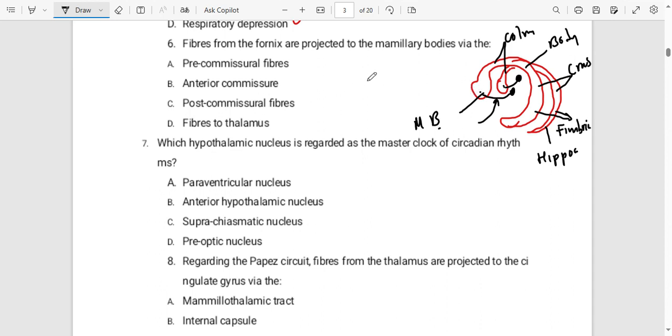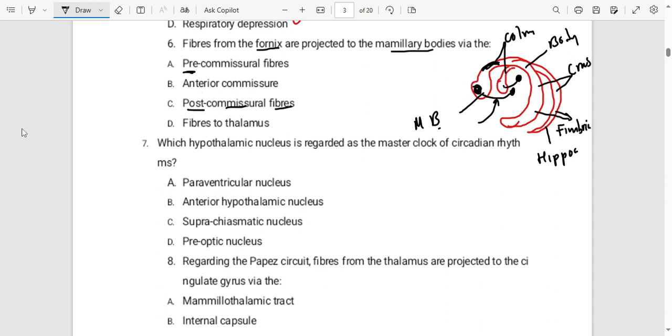Okay. So coming to this end, we are saying the fibers from the fornix are projected to the mammillary body, and this is the fornix. You are going to the mammillary body. So you are going to have the postcommissural fibers. I want you to go and look at a diagram properly. You are also going to have the precommissural fibers, but the ones that are going to be ending here are the postcommissural.